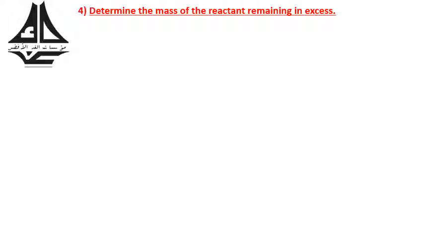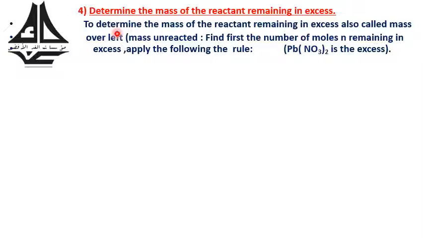Question number 4. Determine the mass of the reactant remaining in excess. To determine the mass of the reactant remaining in excess, which we also call mass left over or mass unreacted, it's very simple. First, find the number of moles, small n, remaining in excess by just applying the following rule. And remember that here Pb(NO3)2 is the reactant in excess.